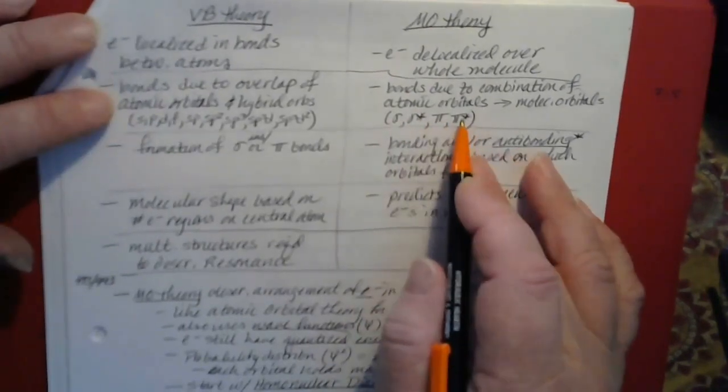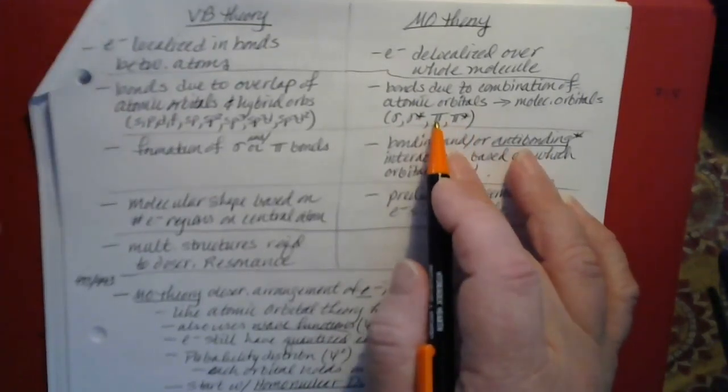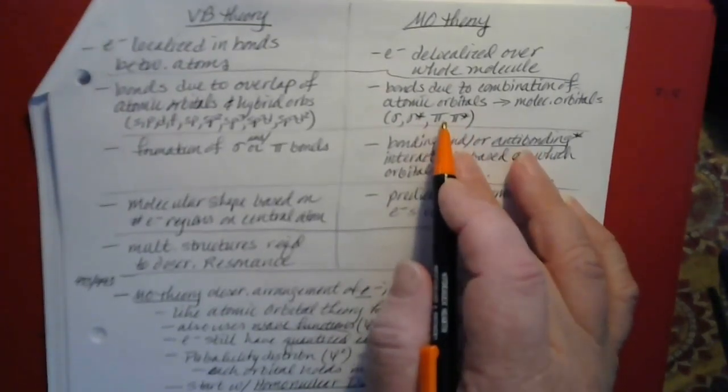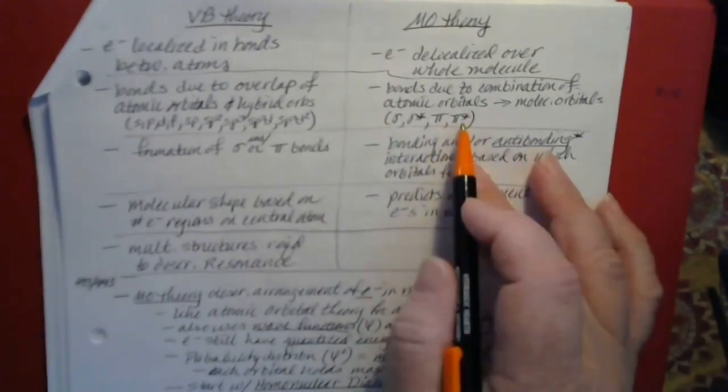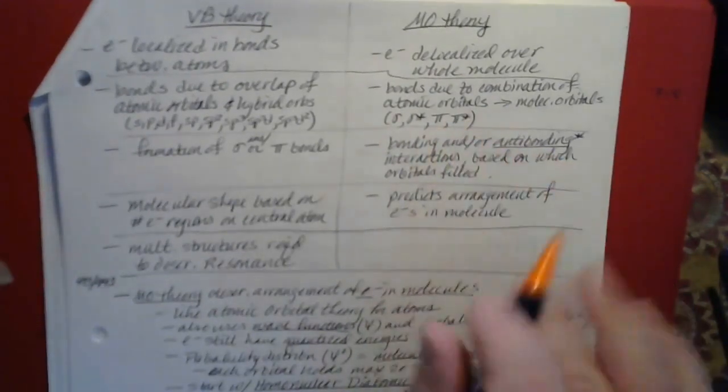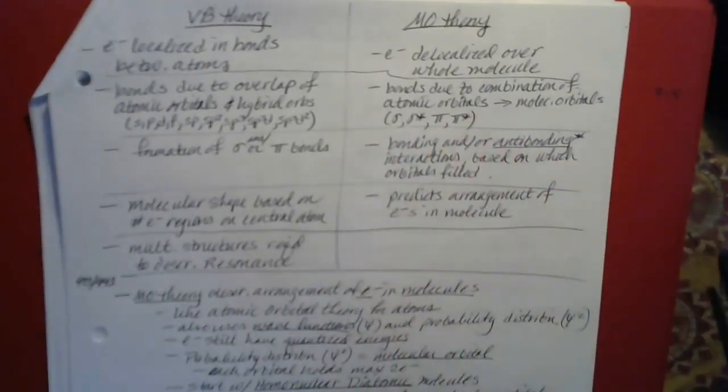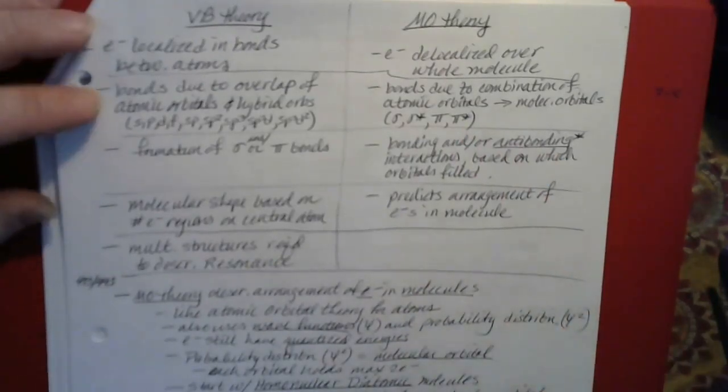And the same goes with pi and pi star. Pi molecular orbitals would be electrons that are involved in pi bonds, and pi star would be pi electrons that are located in places other than the bond.